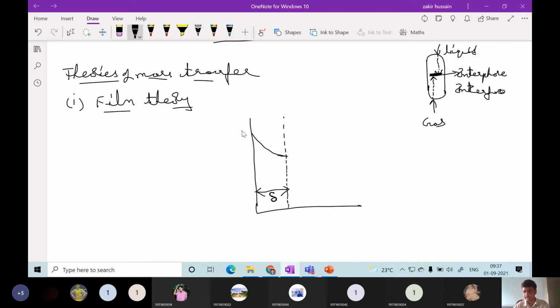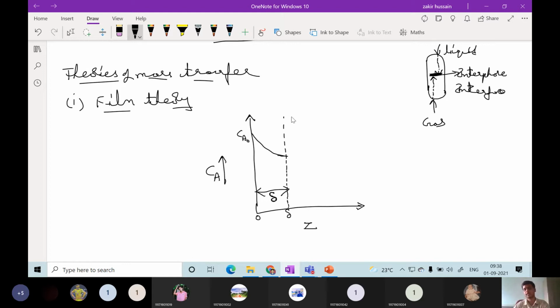Here CA naught is the concentration initially present at film thickness equal to 0, and then at film thickness equal to delta. The overall mass transfer zone is Z. This is the x axis, and the concentration is on the y axis.